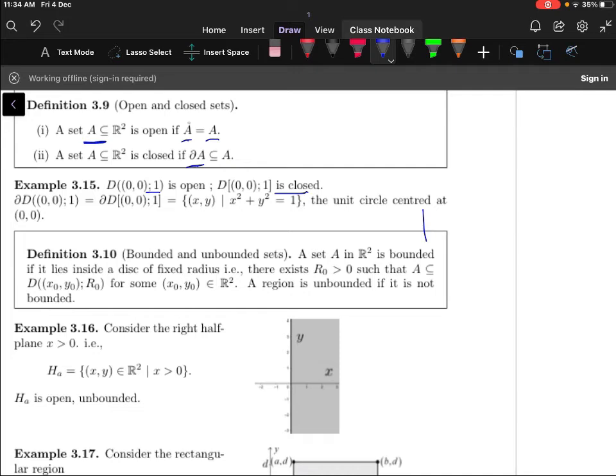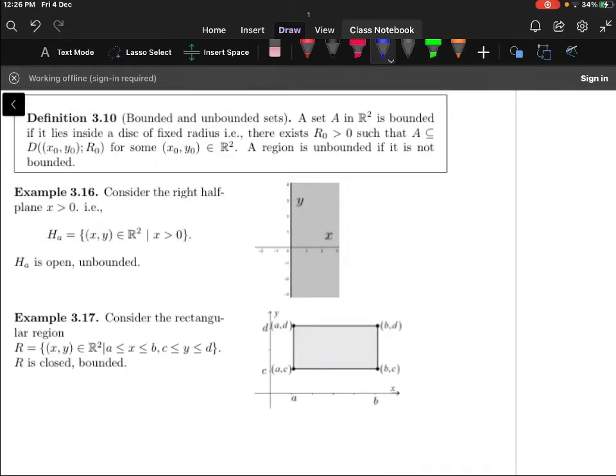Now we take open and closed sets. A set A is open if A is equal to A dash, where A dash is the set of all interior points of A. A set A is closed if delta A is a subset of A, where delta A is the boundary of the set or region A. Now let us take the definition of bounded and unbounded sets.